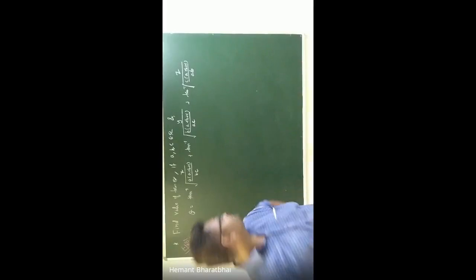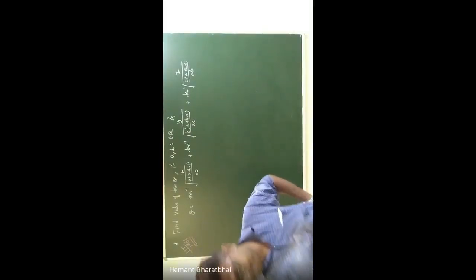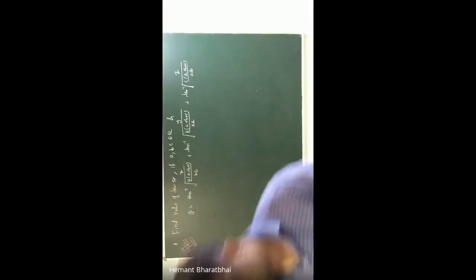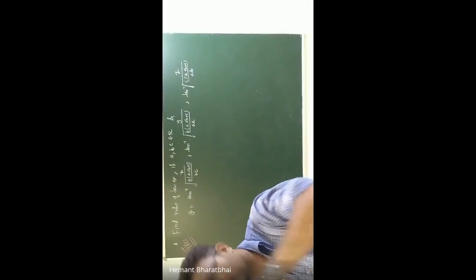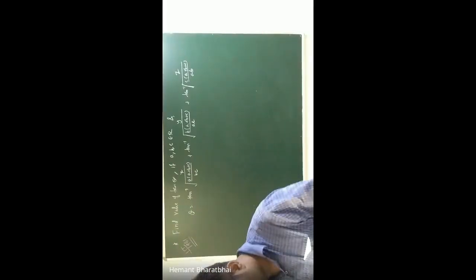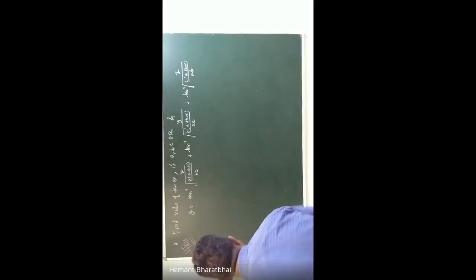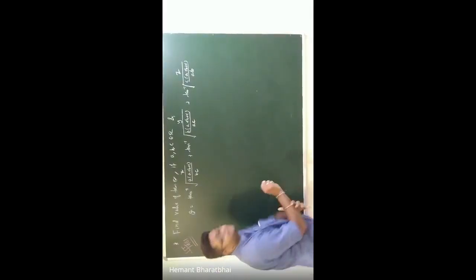So here the terms are very big. How to solve this? Here it may look very complex. You just see how big a question they have asked.